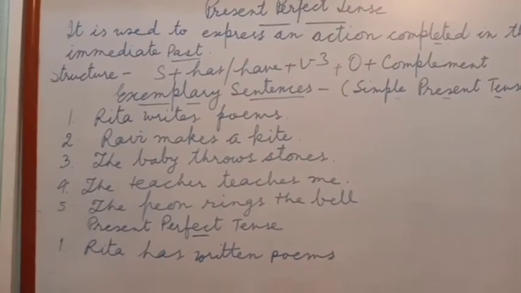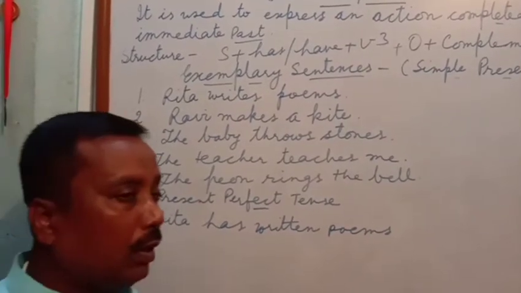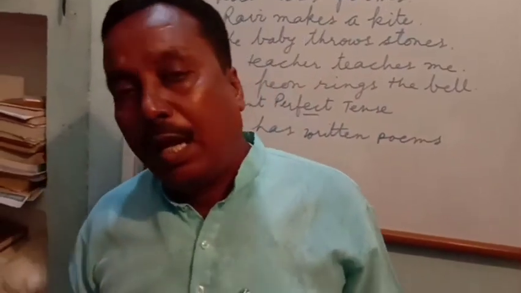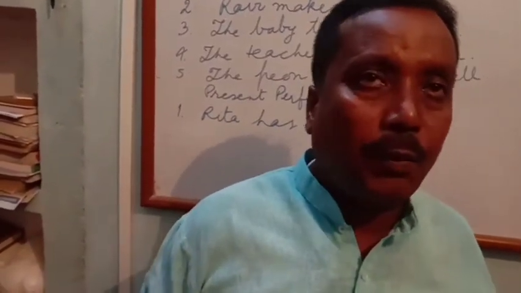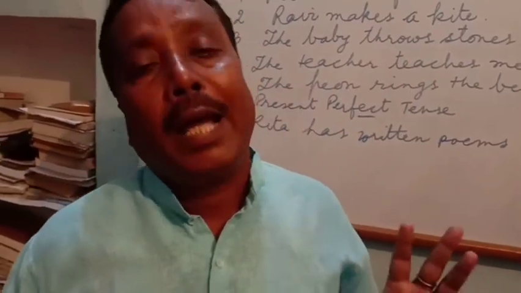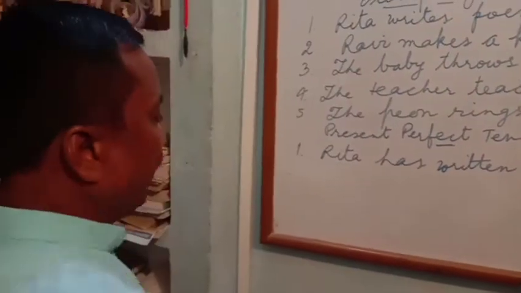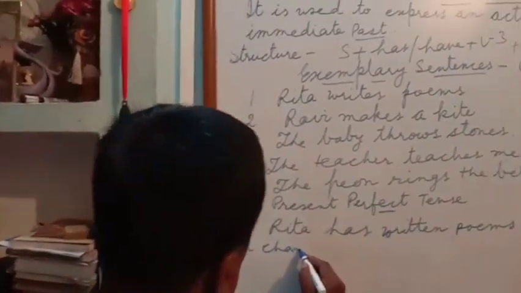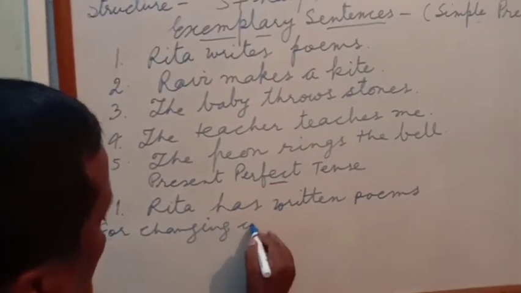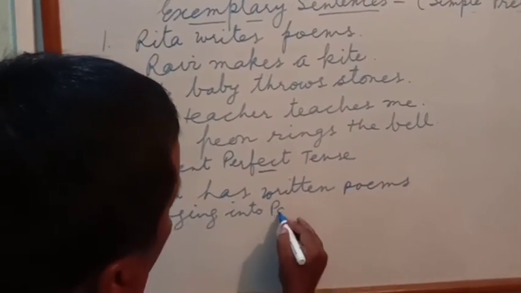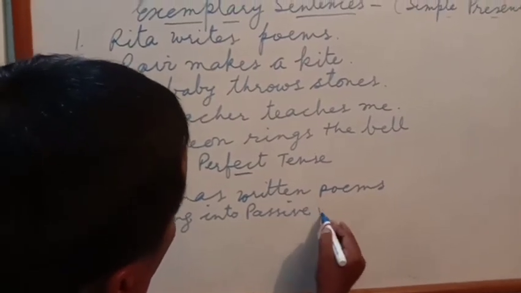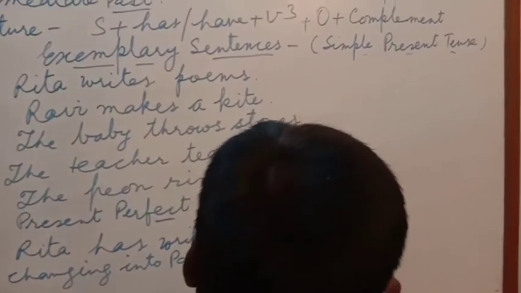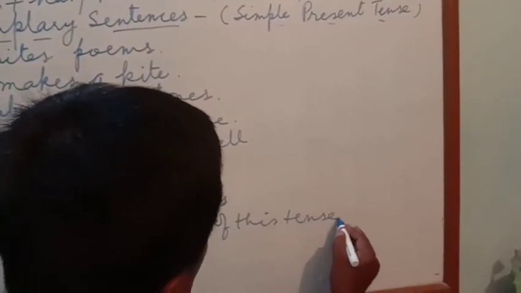Now, rule. All the general rules we followed. At first, we interchange the subject and the object, and after the passive subject, we have to use helping verb. This is important. So, for changing into passive voice of this tense, which tense?